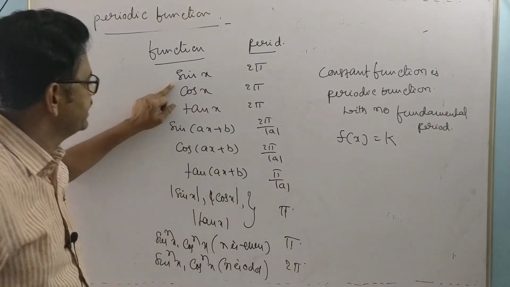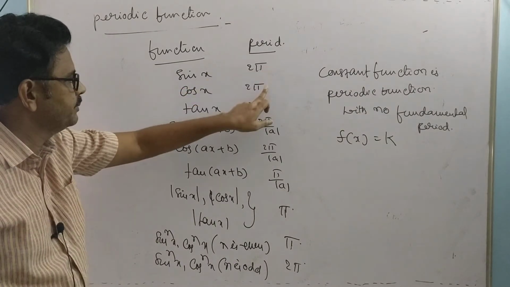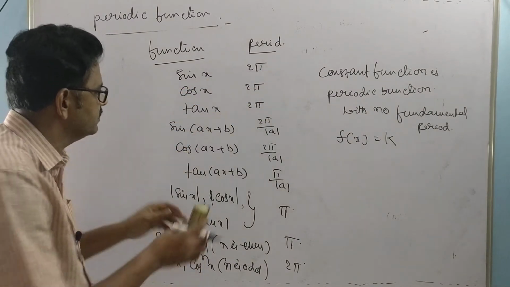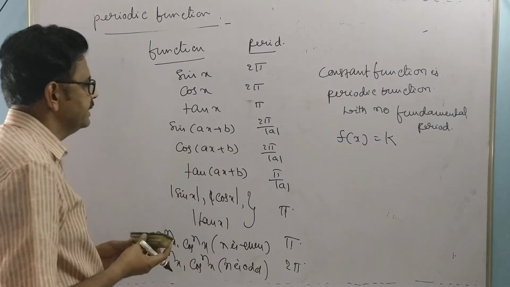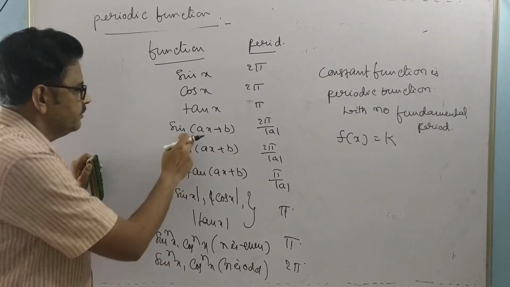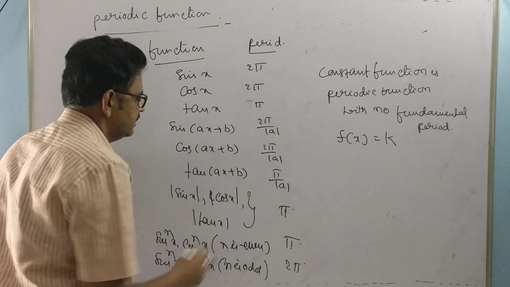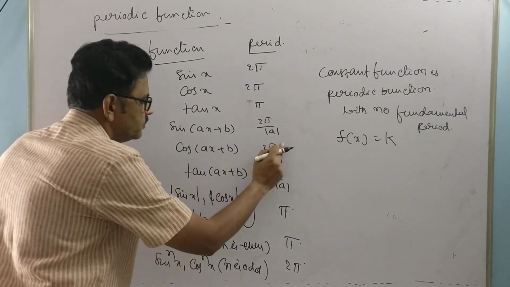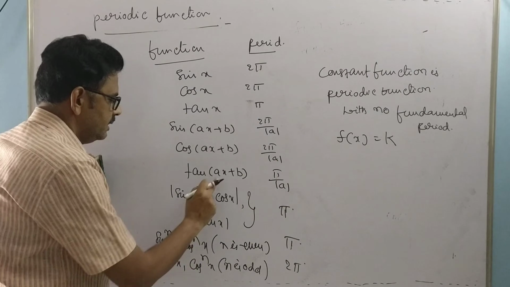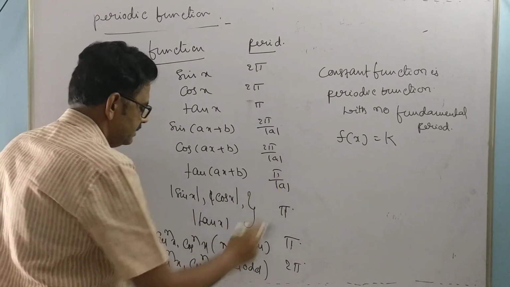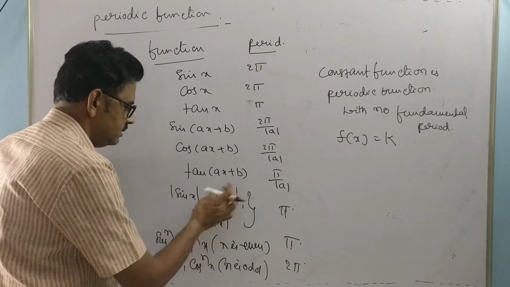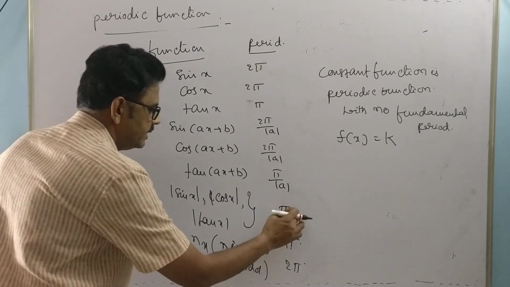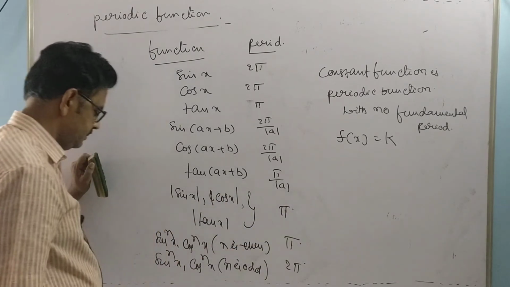So sin x period 2 pi, cos x period 2 pi, tan x period pi. Sin of ax plus b: 2 pi by mod a, cos of ax plus b: 2 pi by mod a, tan of ax plus b: pi by mod a. Mod sin x, mod cos x, mod tan x are all periodic functions with period pi.